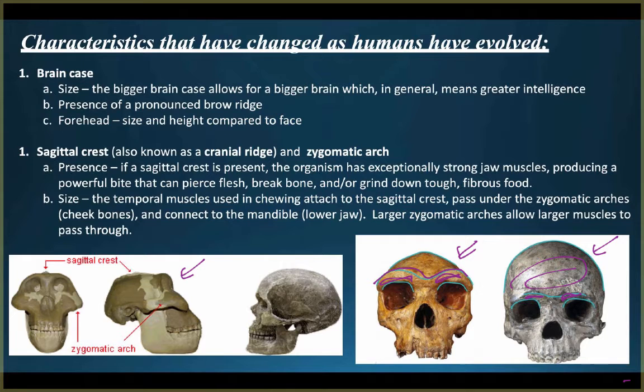So it produces a more powerful bite that can pierce through flesh and bone or grind down very, very tough fibrous foods. And if you look, you can see in this individual that is the sagittal crest, and you can see that it's not really as present in humans.